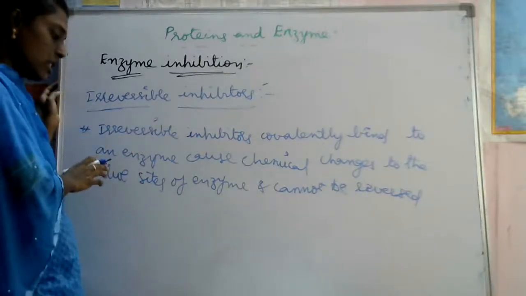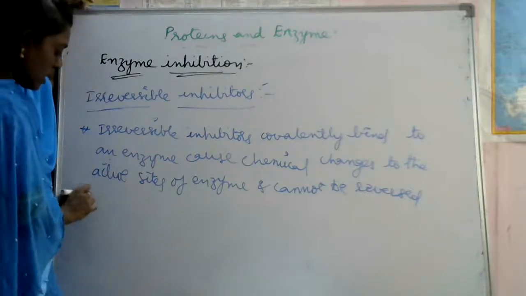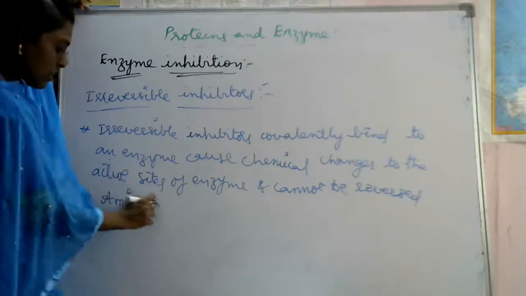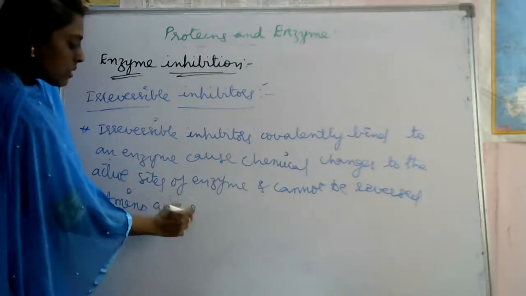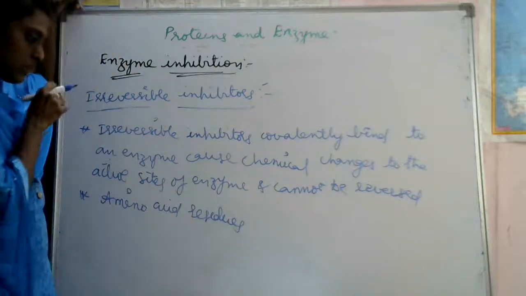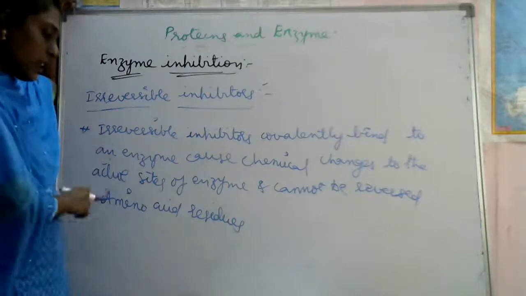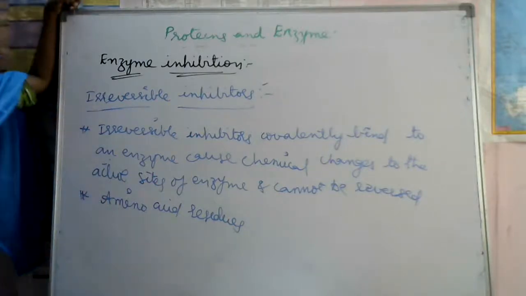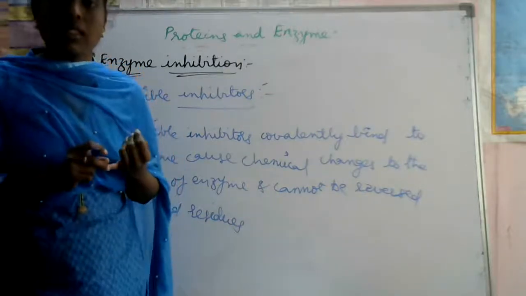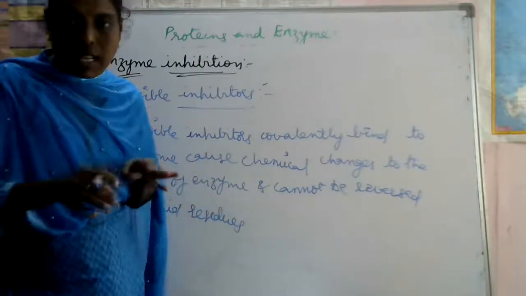Irreversible inhibitors modify key amino acid residues needed for enzymatic activity. They often contain reactive functional groups such as aldehydes, alkenes, alcohols, some halides, and so on, because chemical reactions occur.